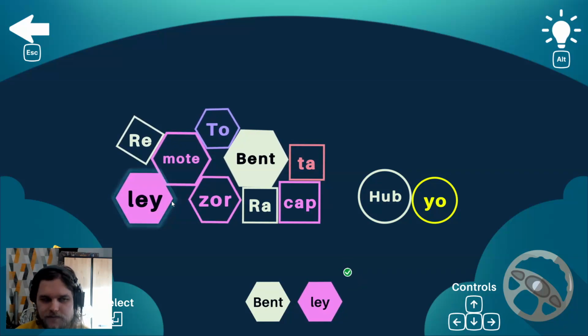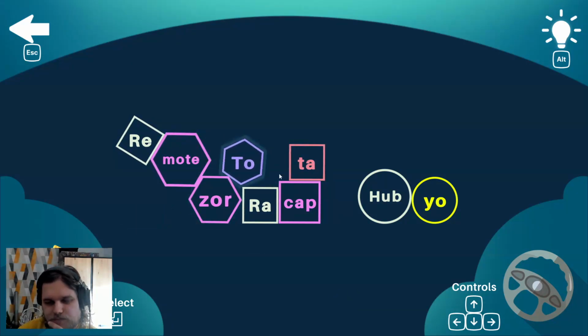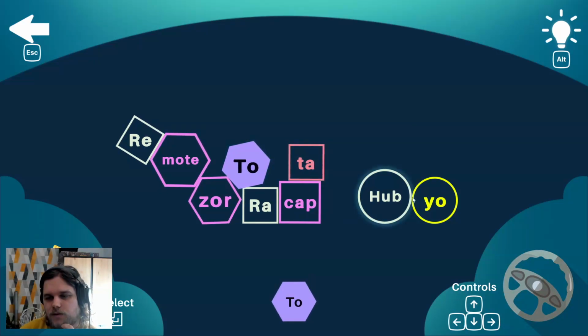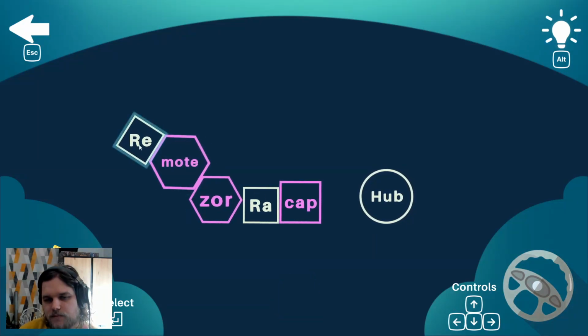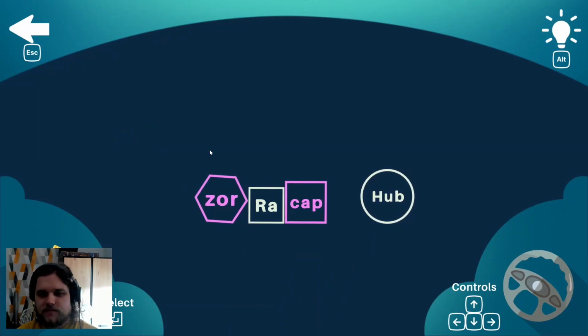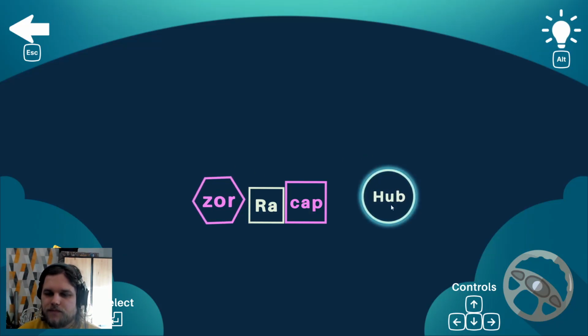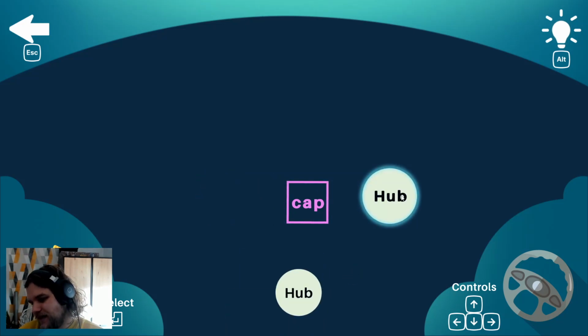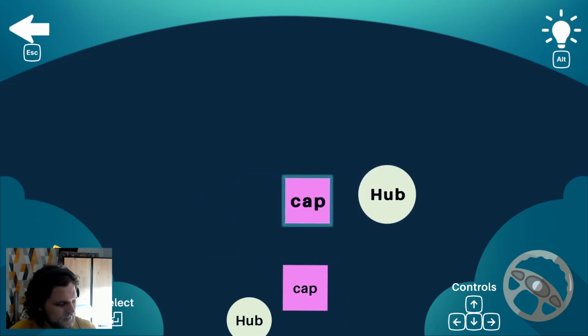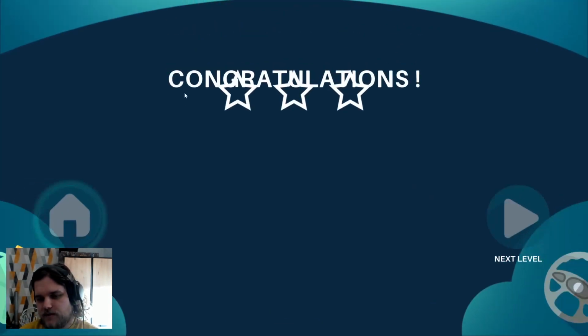Bentley. Toyota. Gold. Okay. Razor again. Then it will be a hubcap. Copy. Okay, so it's part of the board.